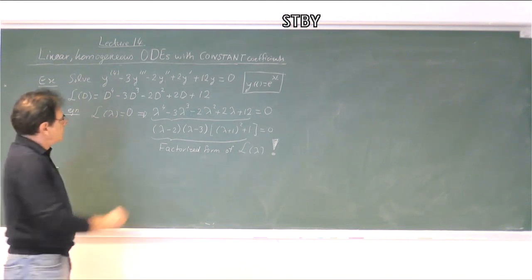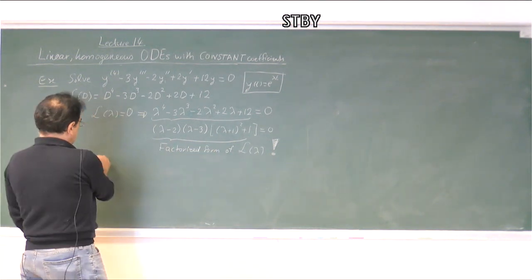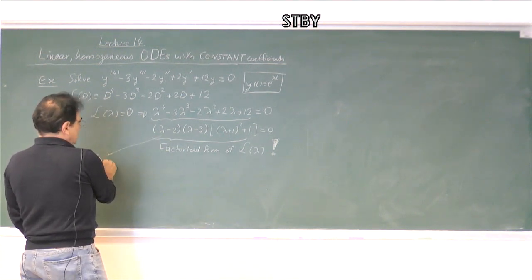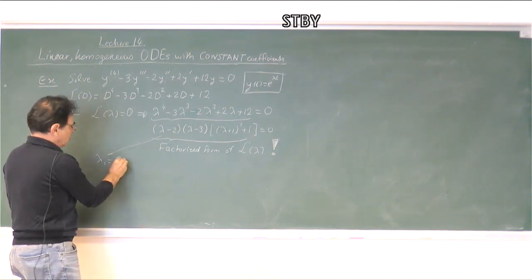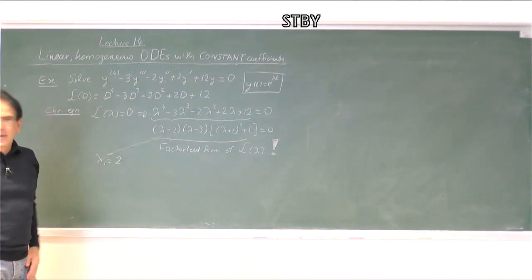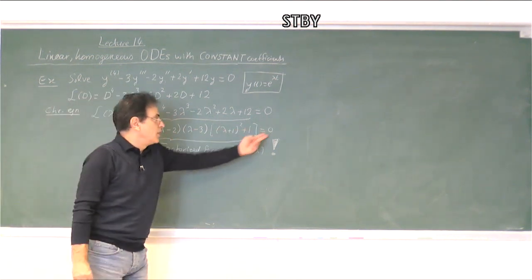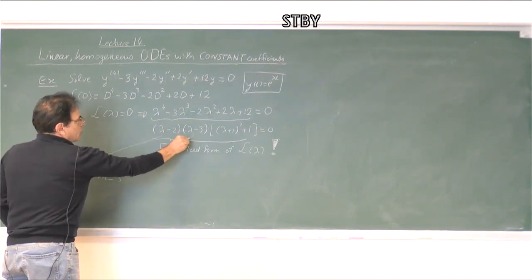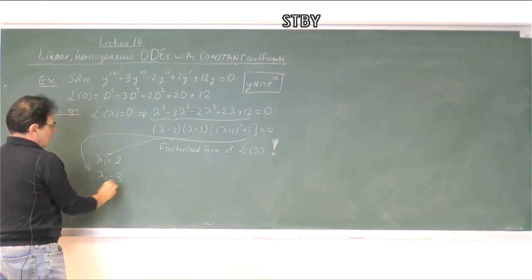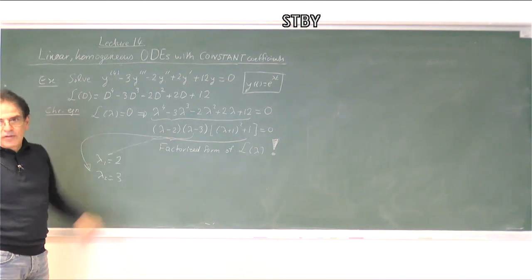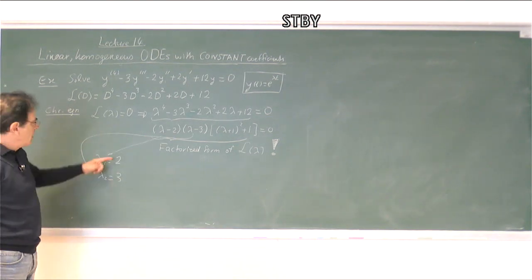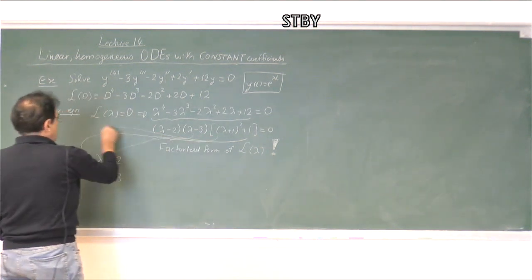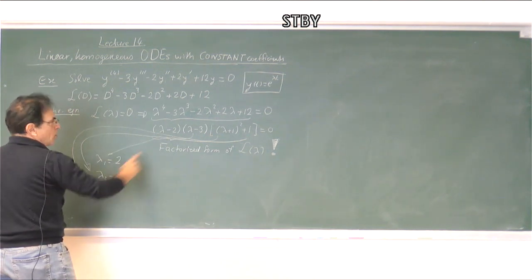As you see from the factorized form, equating the first factor to 0, we see that lambda 1 is 2, a root of the characteristic equation. Lambda 2 is 3, corresponding to this factor, a second root of the characteristic equation. These are real and distinct roots, but the remaining 2 roots are complex.